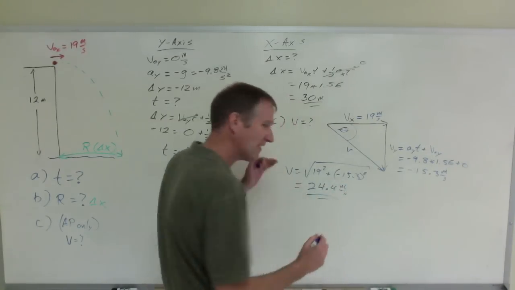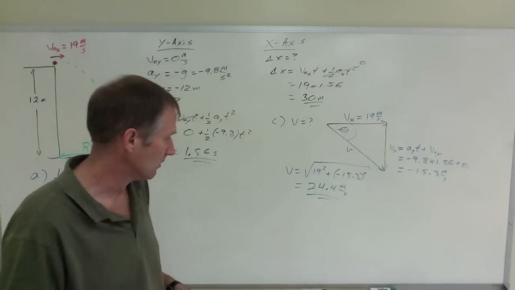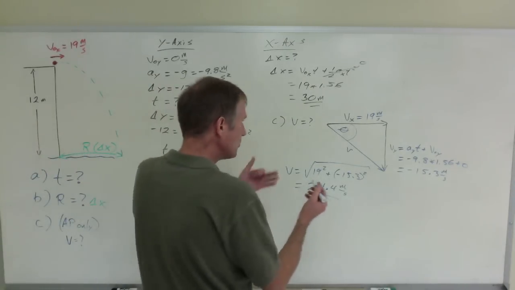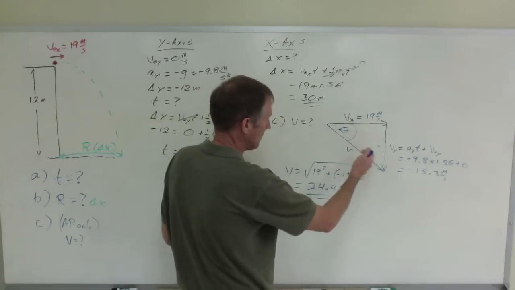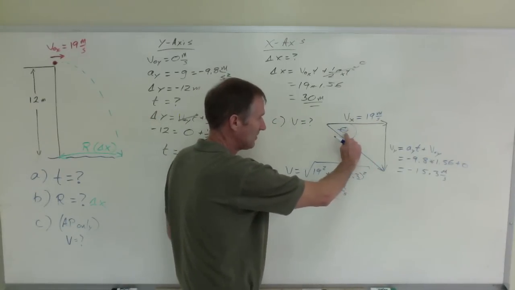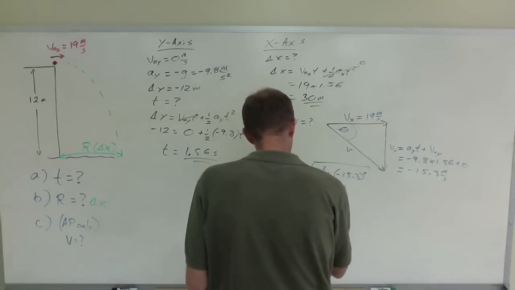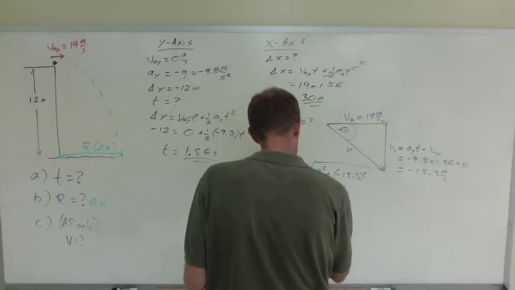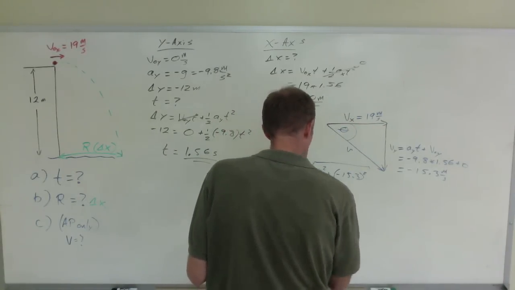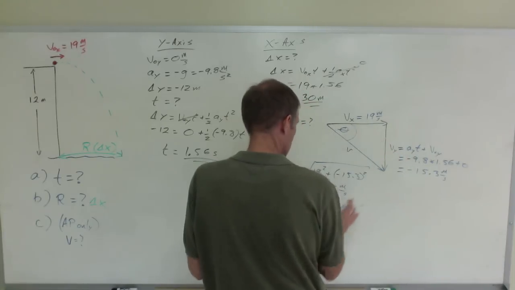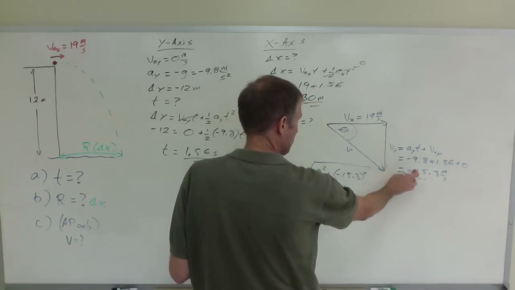So that's how fast it hits the ground, but you also need to know the angle to precisely describe this vector. And I use tangent. You can use cosine or sine, but I use tangent. The tangent of theta is opposite over adjacent. And so theta is the arctangent, which you write as tan to the negative 1 of opposite over adjacent.